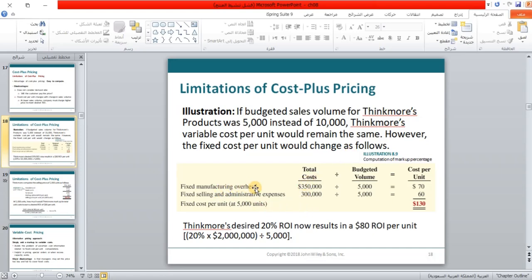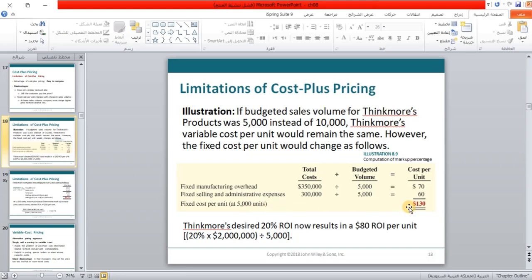The fixed manufacturing overhead, 350,000 divided by 5,000 units, is 70. Fixed selling and administrative expense, 300,000 divided by 5,000, is 60. Fixed cost per unit at 5,000 units is $130.